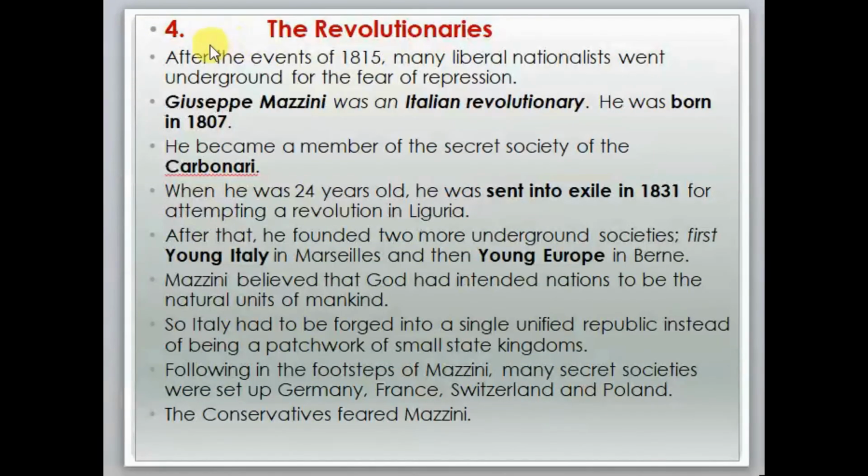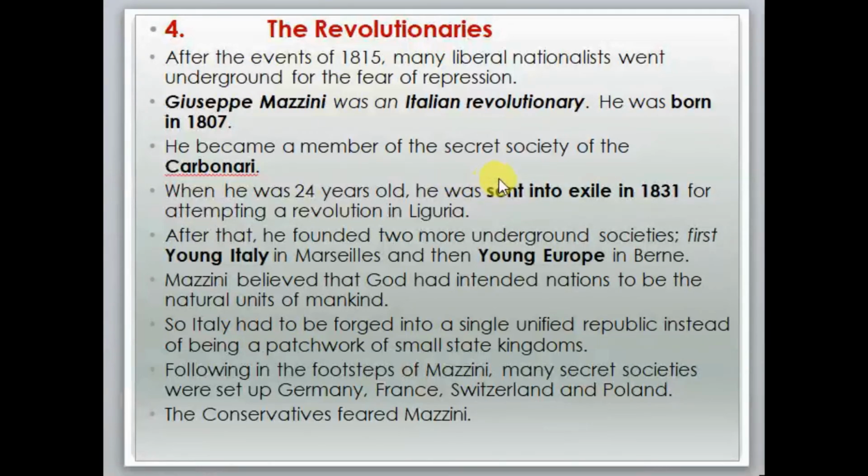The fourth cause of emergence of nationalism in Europe is the revolutionaries. After the event of 1815, the fear of repression drove many liberal nationalists underground.